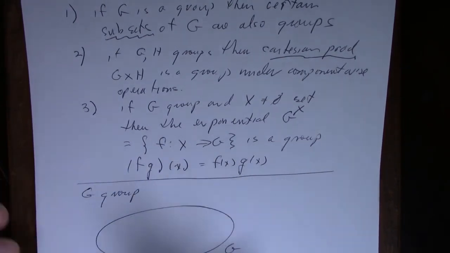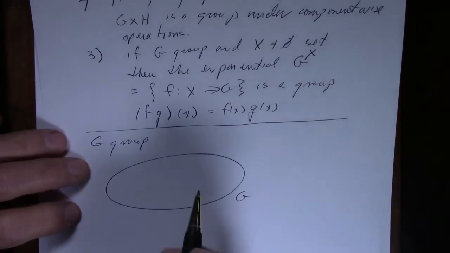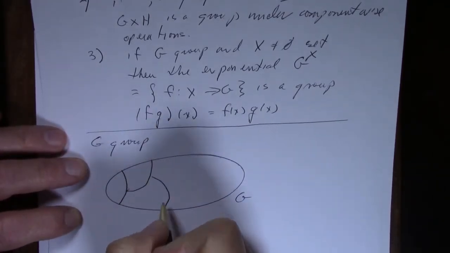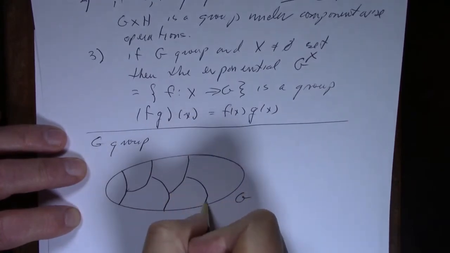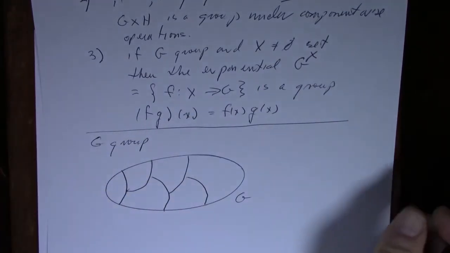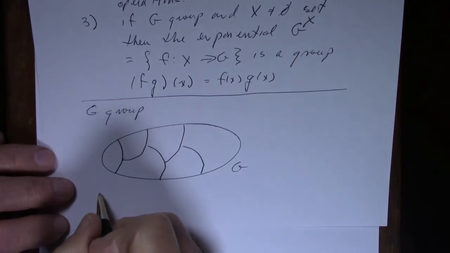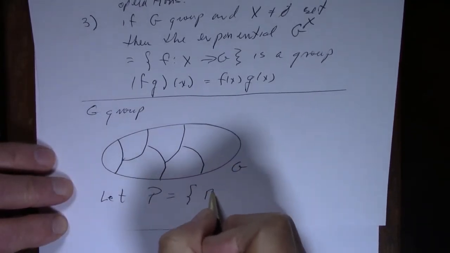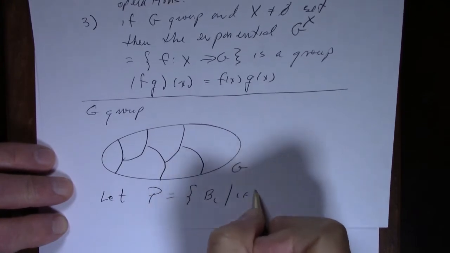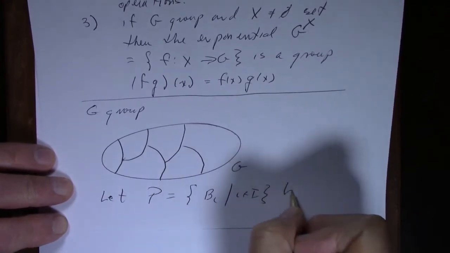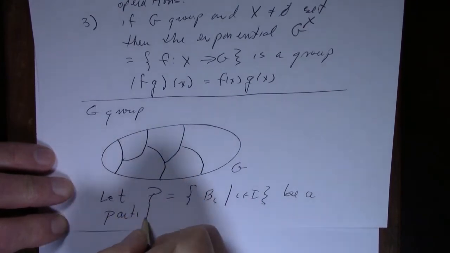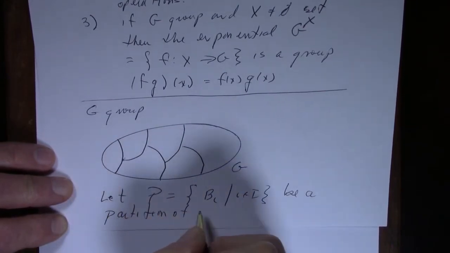Here's G. And suppose we partition G into blocks. So we'll let P equal the set of B_i, i in I, be a partition of G.